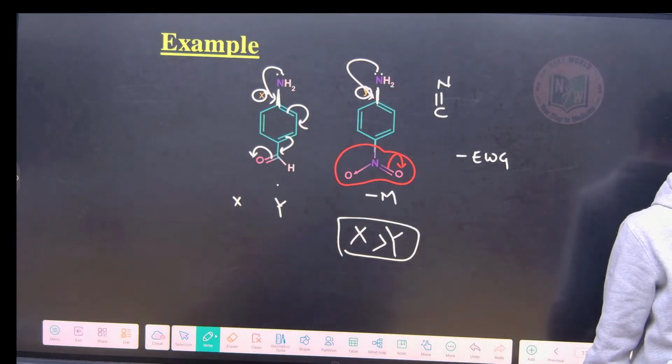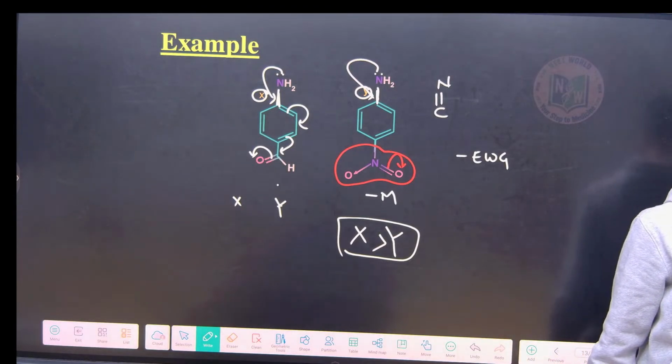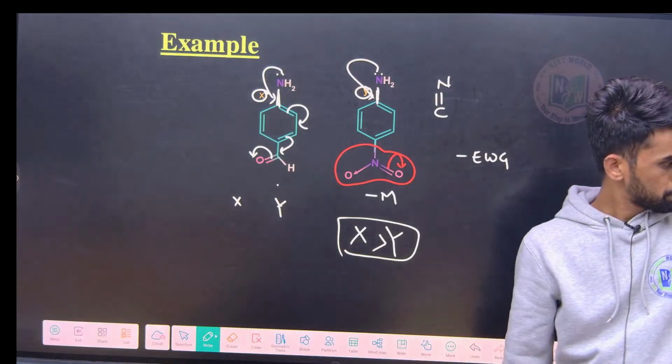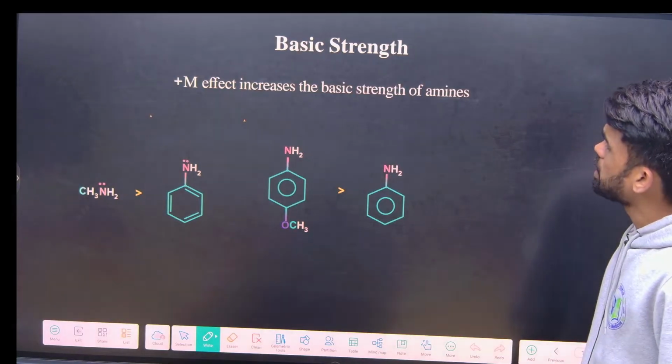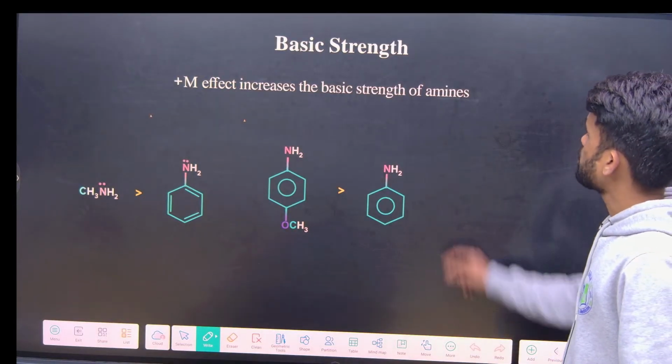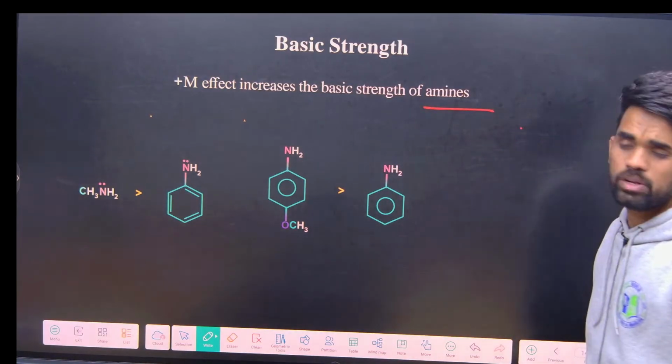Next, like example they will ask. Next, look at this, plus M effect increases the basic nature of amines. So how can you answer this?